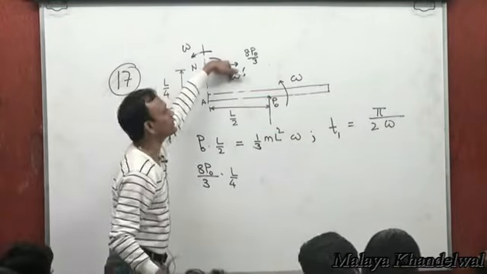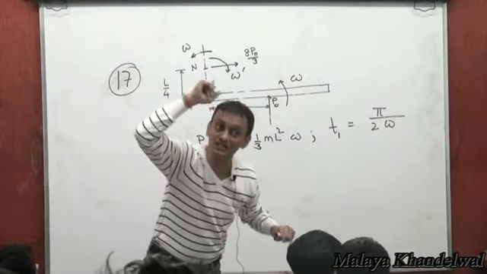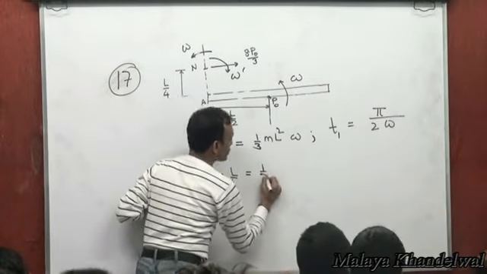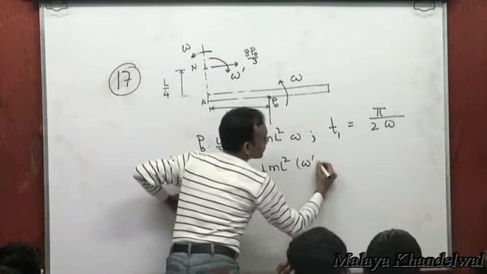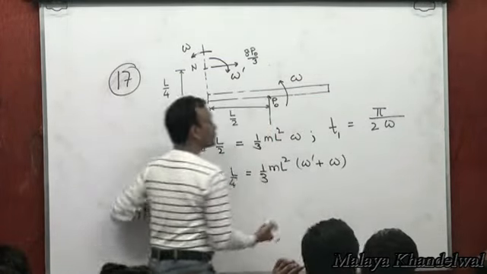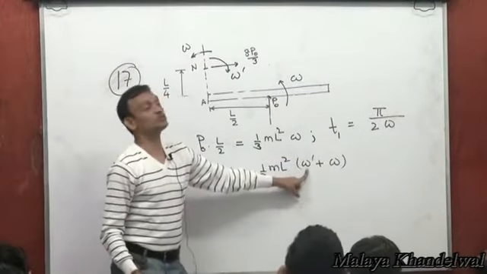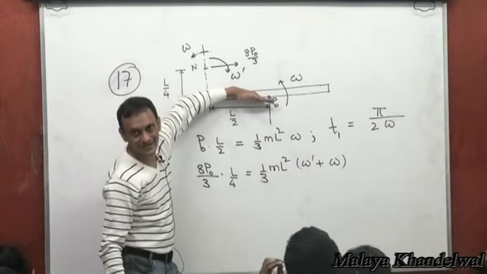Final is I omega prime, initial is minus I omega, right? So this would be I about A, which is 1/3 ml squared into final minus initial, which will be omega prime plus omega. So you'll get the new angular speed, and then it will start getting displaced in this direction.